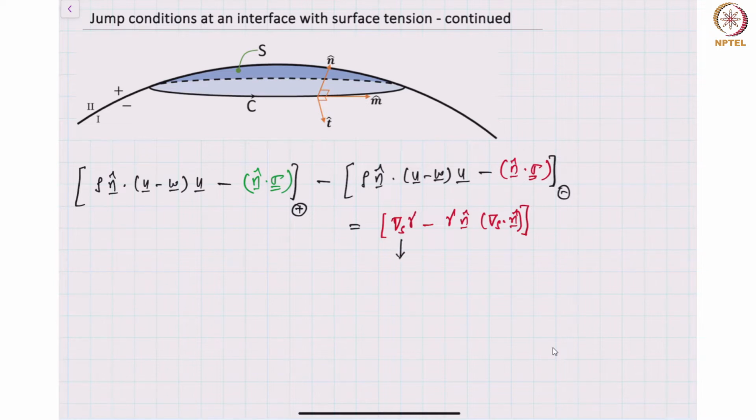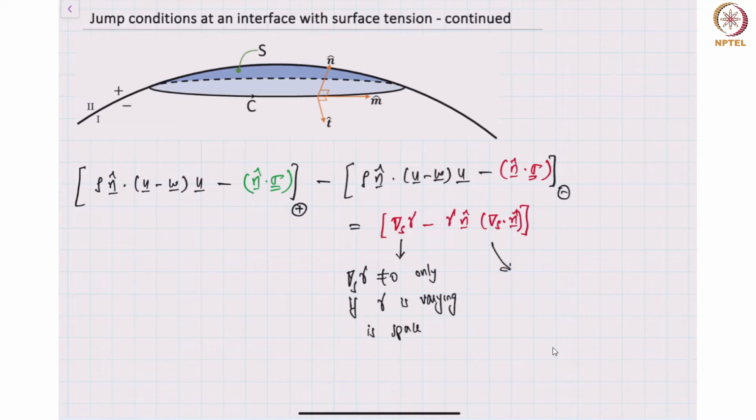This term is present. Del S of gamma is non-zero only if gamma is varying in space. So for a constant surface tension system, this term does not exist. This term goes to zero.